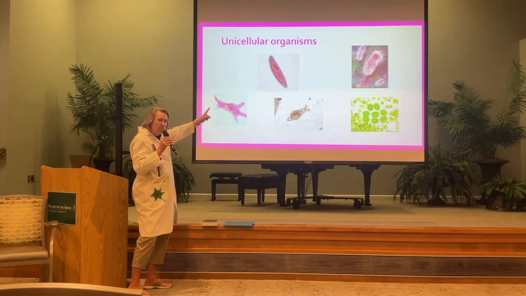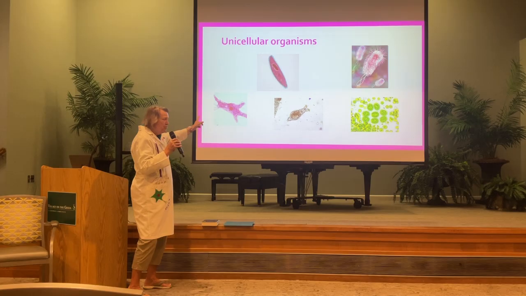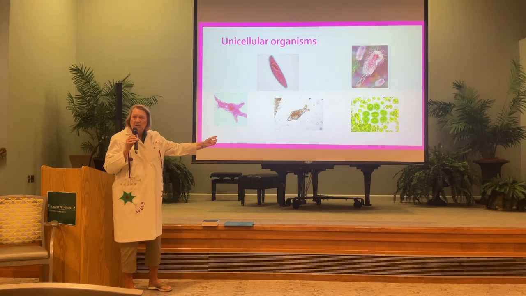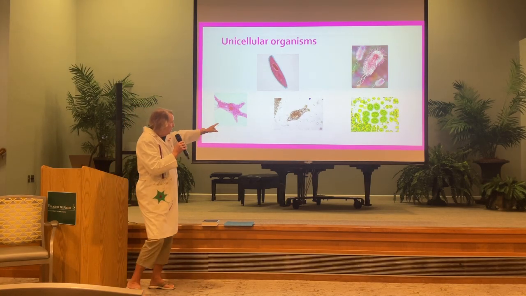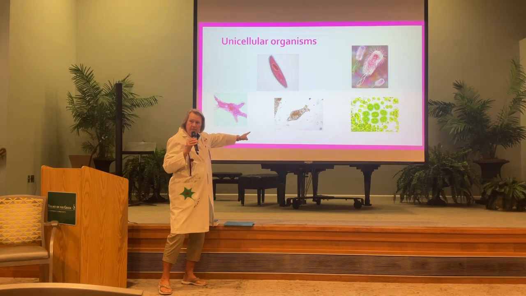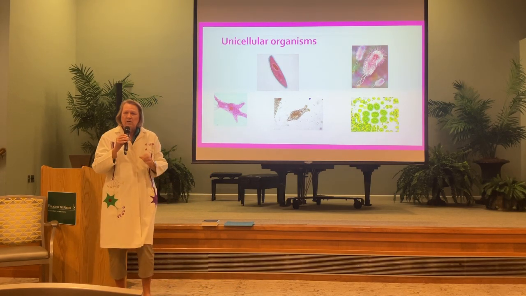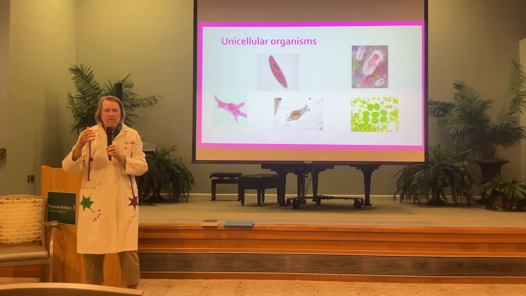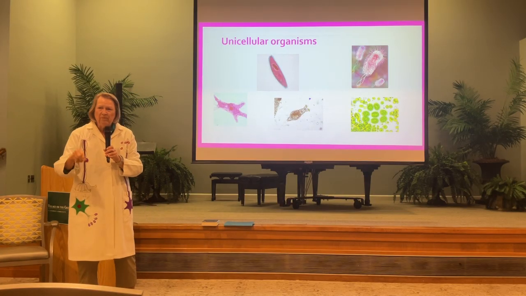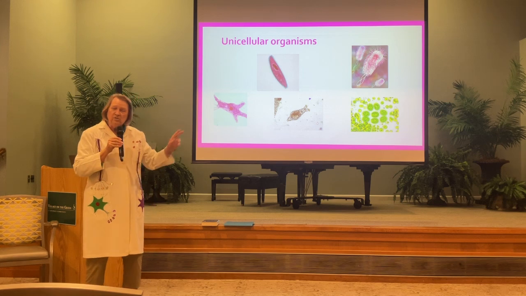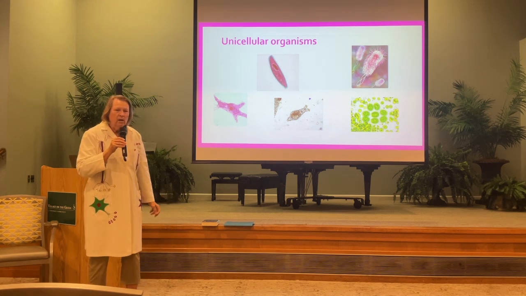You may have heard of those, because those are often ones that you see in basic biology class. Down here is a rotifer, and all three of those are regular residents of our pond water. So if I had a microscope and could bring you a drop of pond water in to look at, you would see all three of those.